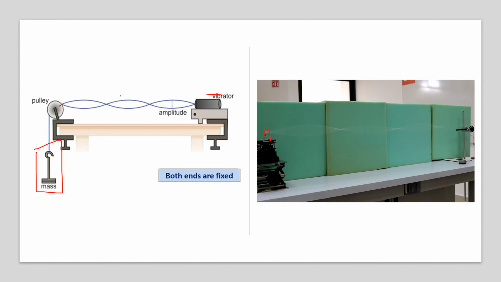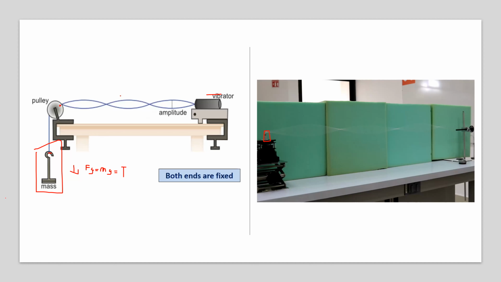it's actually fixed here. So the tension depends on the downward force this mass produces on the string. This force is the force of gravity, which is equal to this mass times the gravitational acceleration, and this will be equal to the tension of the string.